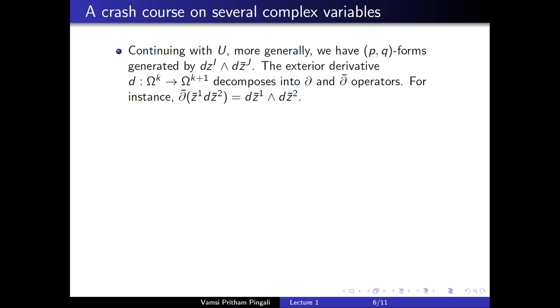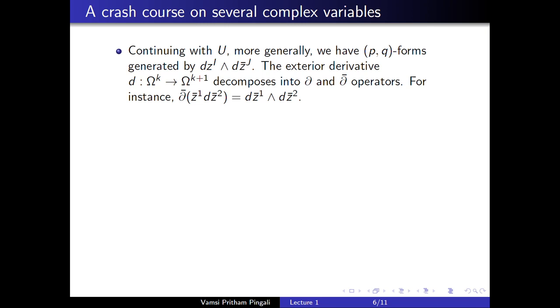For example, if I want to compute del bar of this quantity, I take d by dz bar of this thing, wedge this. So d by dz1 bar of z1 bar is 1, so it's 1 times dz1 bar wedge dz2 bar. d by dz bar 1 of z2 bar is 0, so it's plus 0 times this, and so on.